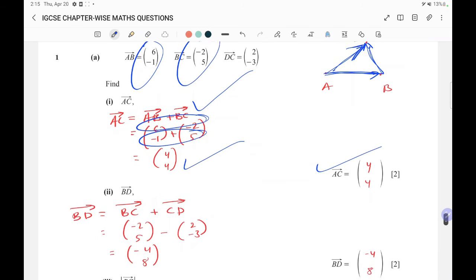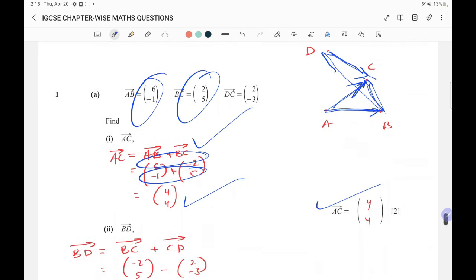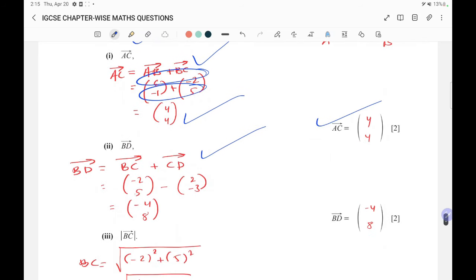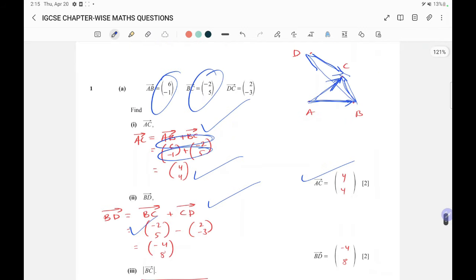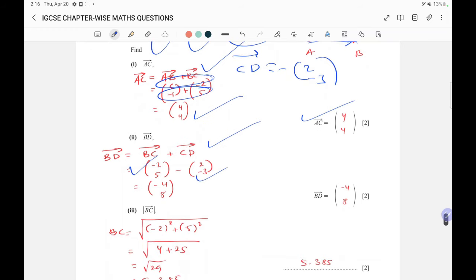Now BD, B to D. So BD is BC plus CD. BC is (-2, 5), and DC is (2, -3), so CD will be minus of (2, -3).